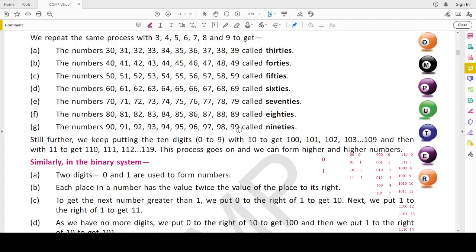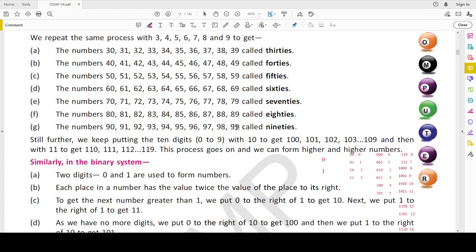When we have reached 99, we have generated 100 numbers. All the 100 combinations of numbers have been generated. No more numbers can be generated using the 2 digits of decimal, using the 2 places of a decimal number.